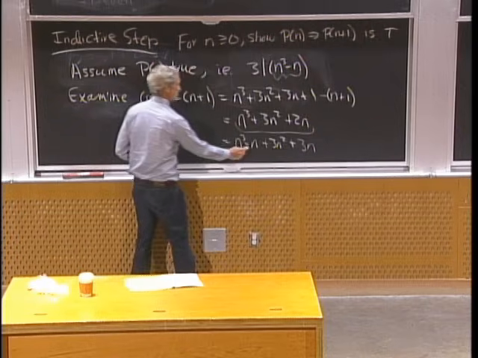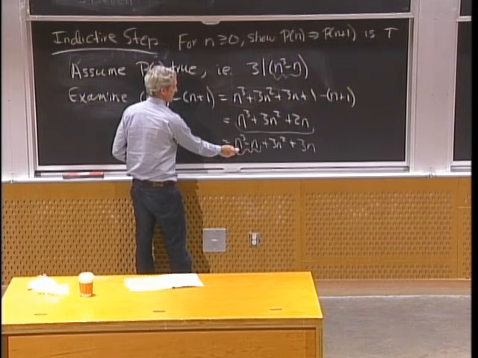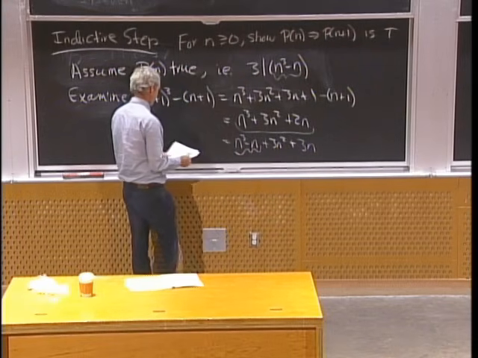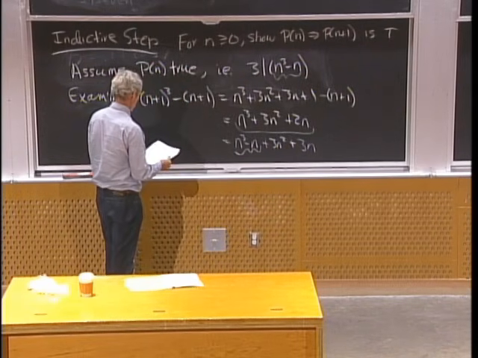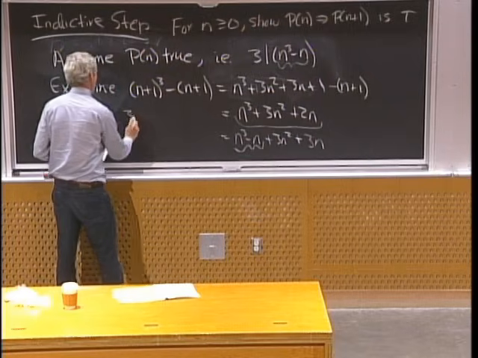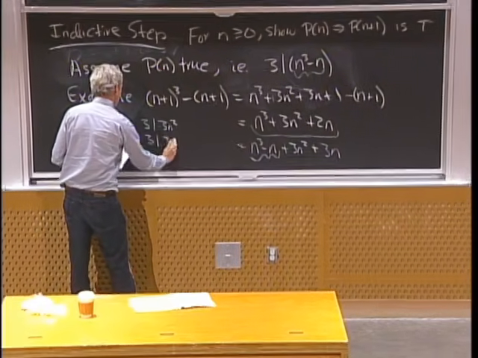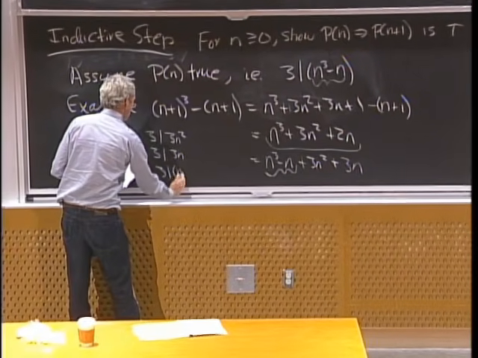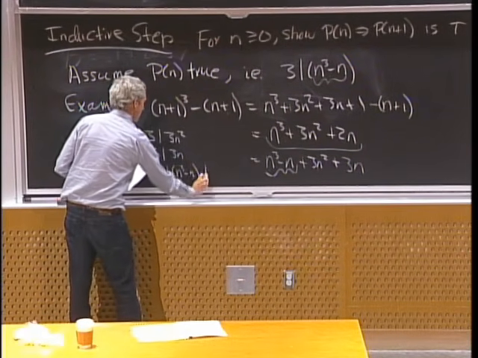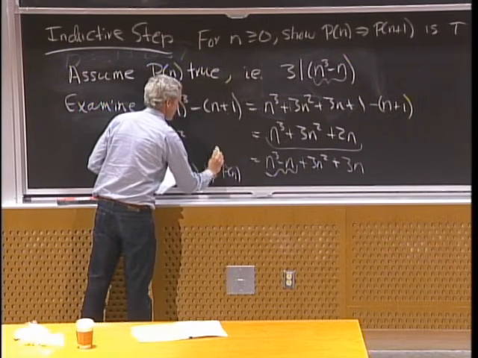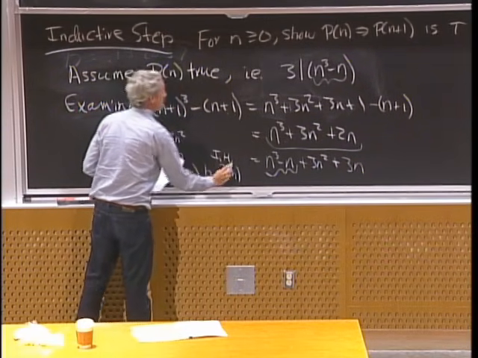Very simple, because 3 divides this by Pn, 3 divides that, and 3 divides that. So this is a multiple of 3. All right, because I've got 3 divides 3n squared, 3 divides 3n, and 3 divides n cubed minus n by Pn, or you could say by the inductive hypothesis.